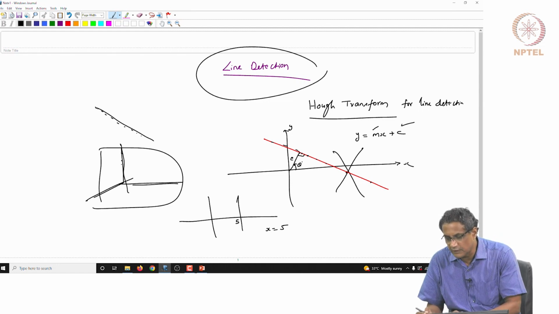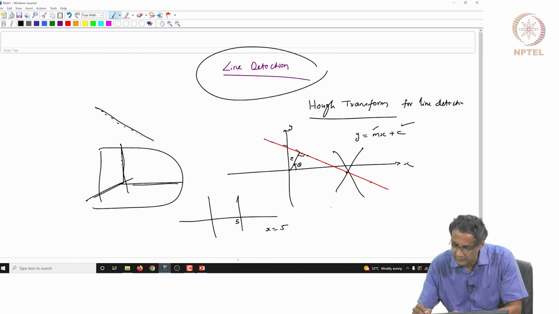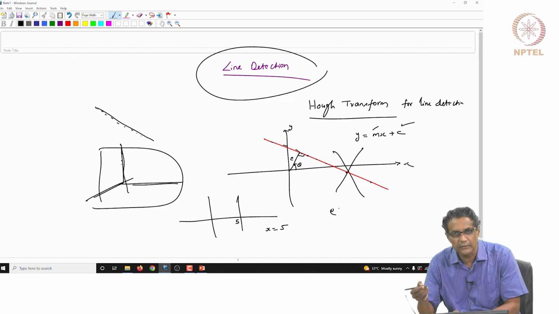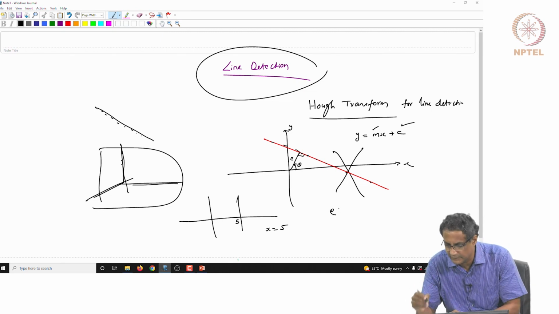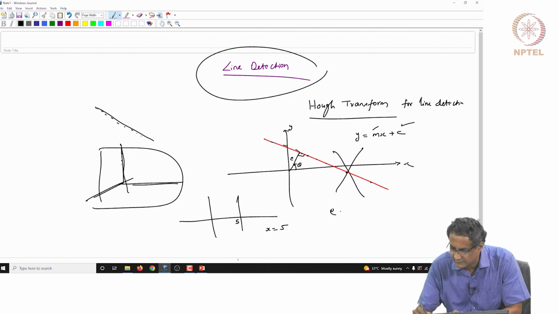Then you can write down the normal form, which is all very straightforward, 10th or 11th standard stuff: rho is equal to x cos theta plus y sin theta. This is called the normal form of a line.